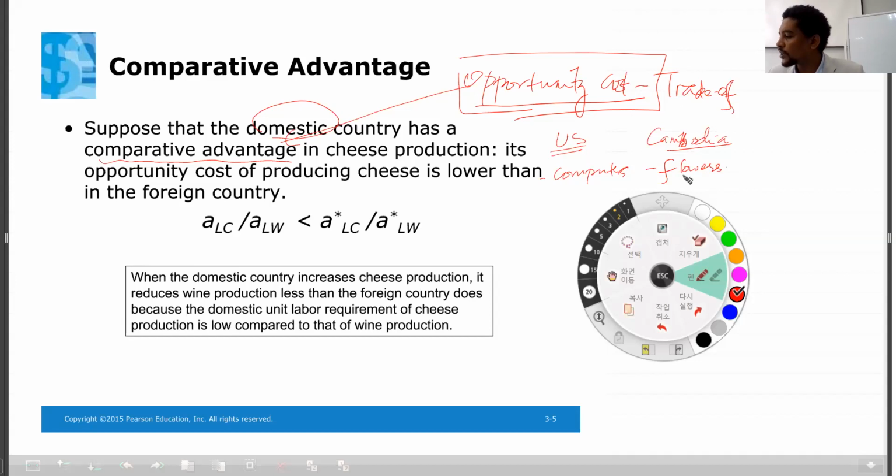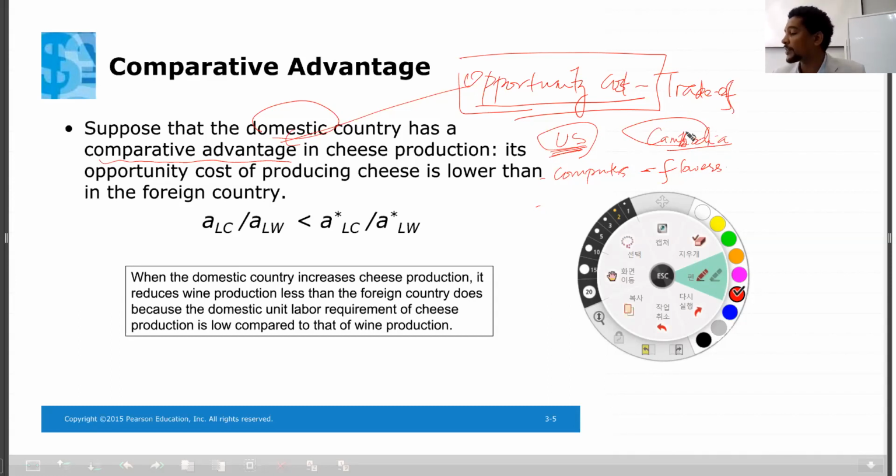The seasons in Cambodia and the US are different. For example, when it is winter in the US, it might be summer in Cambodia. And they produce flowers and sell them to the US. But the US could have produced flowers in the winter, right? Because they can use greenhouses and they can produce flowers.